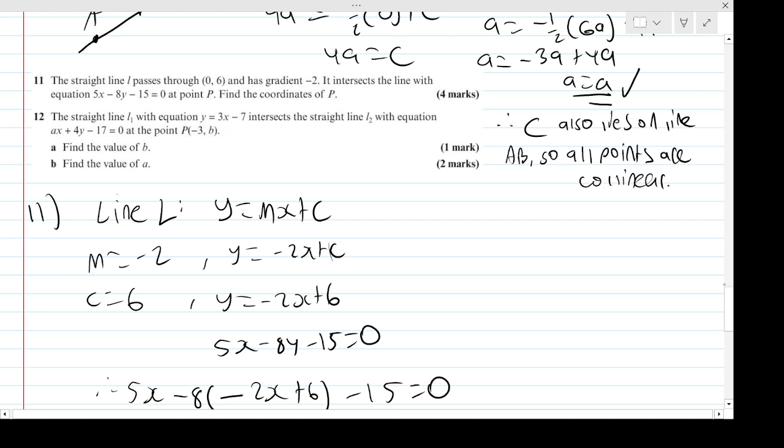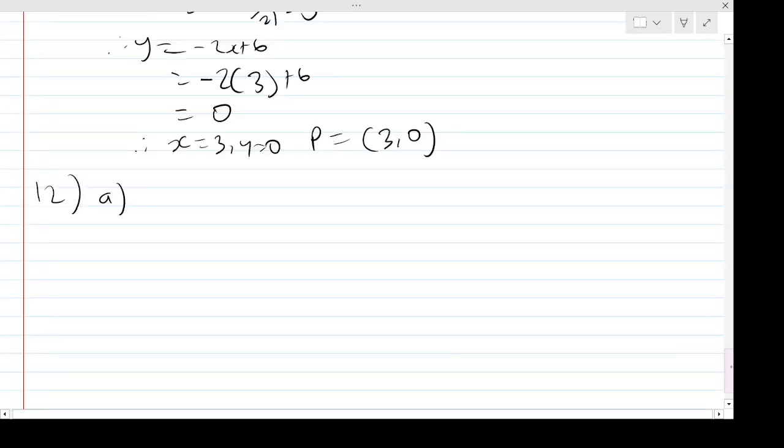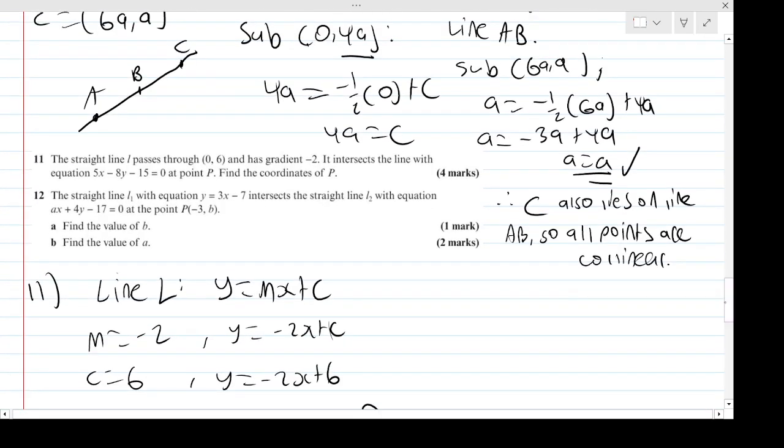That means I can substitute this point into either equation, and it will work, okay? So if P is minus 3, b, first we need to find b. Well, I could substitute that point into either line. And actually I think it's best to use this one.